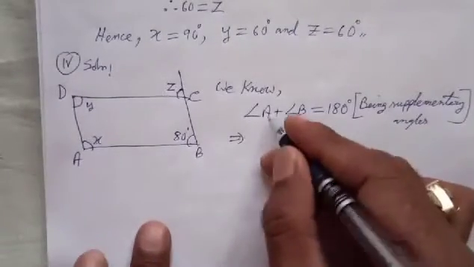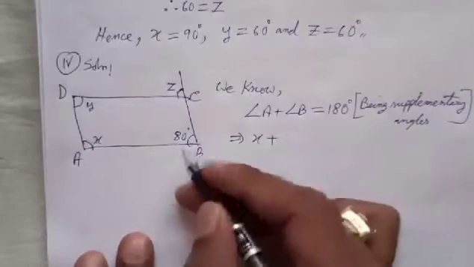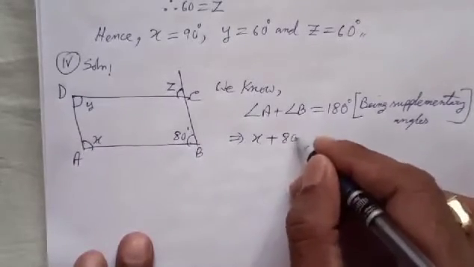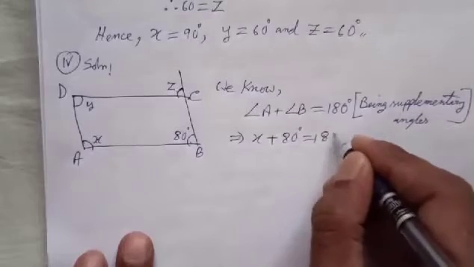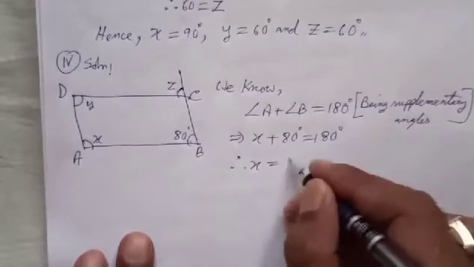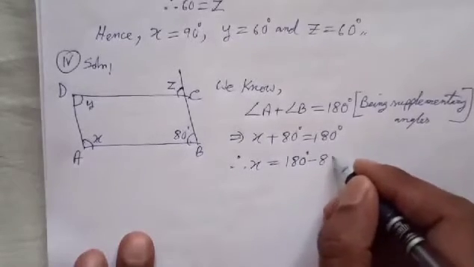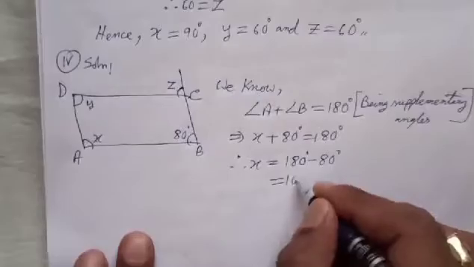This implies that angle A is x and angle B is 80 degrees, and the sum is equal to 180 degrees. Therefore x is equal to, 80 transposed to the other side, 180 minus 80 degrees. If we subtract, we are getting 100 degrees.